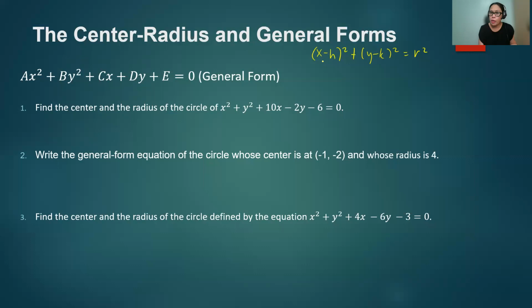Using the square of a binomial, this is x squared minus 2hx plus h squared for this. And then expanding this binomial, we have y squared minus 2ky plus k squared minus r squared equals 0.